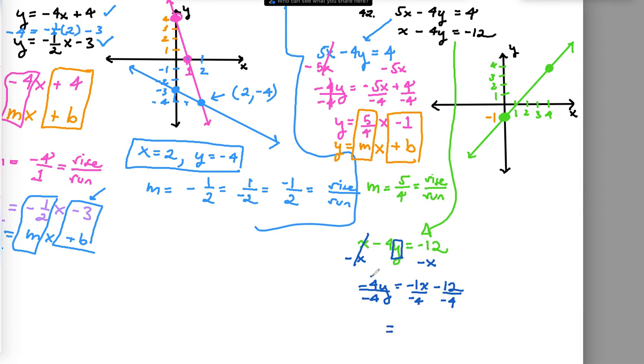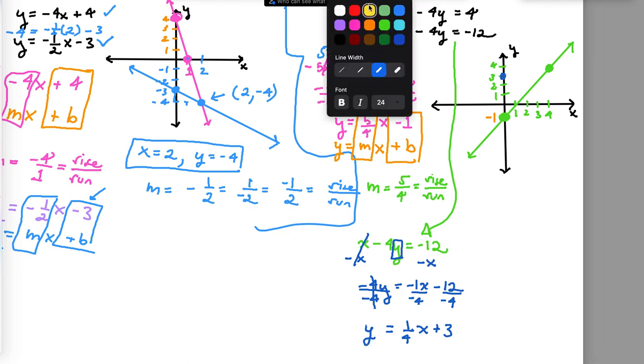Negative 4 divided by negative 4 is 1, so I get y equals negative 1 divided by negative 4, which is positive 1/4 x. Negative 12 divided by negative 4 is positive 3. I go up to 3, right here. That's my y-intercept.